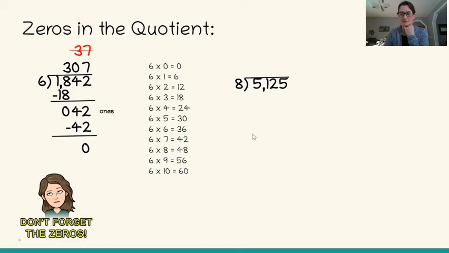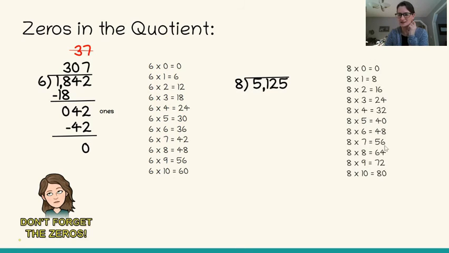5,125 divided by 8. Now 5 divided by 8 we can't do, so let's move to hundreds. 51 divided by 8. I'm going to use my 8 times table. The closest I can get for my just under quotient, because 56 is too much, so I go to just under. I see that 48 divided by 8 is 6. So I'm going to put the 6 as my quotient up here. 8 times 6 is 48.